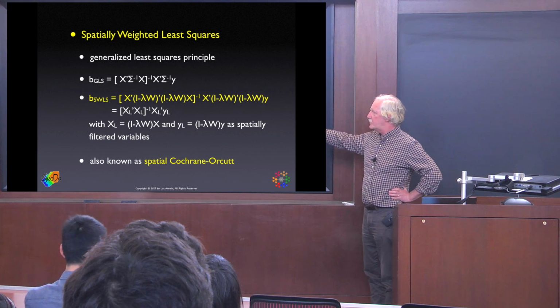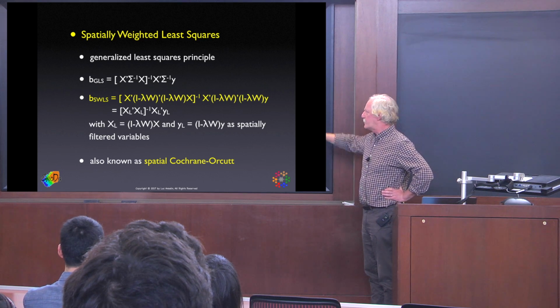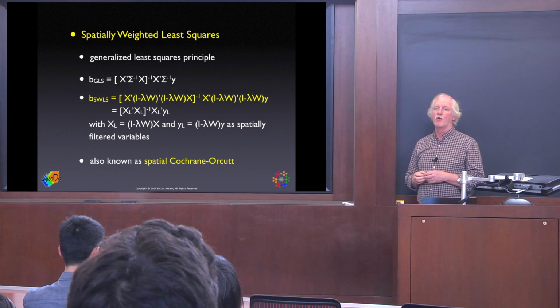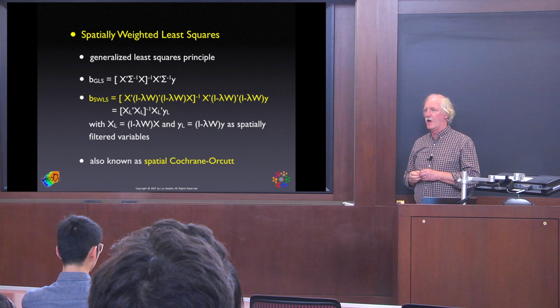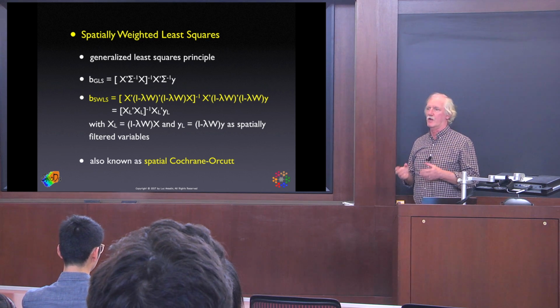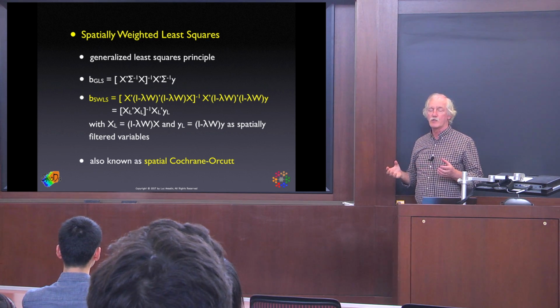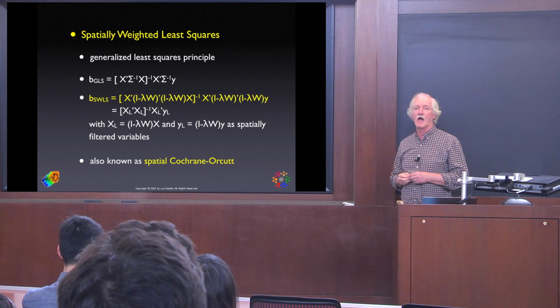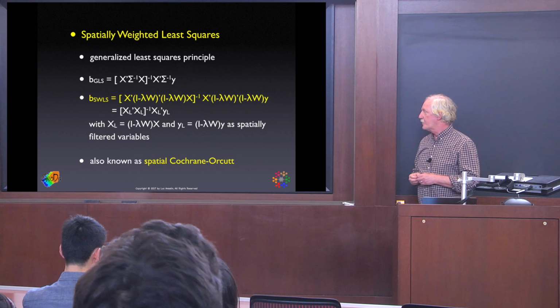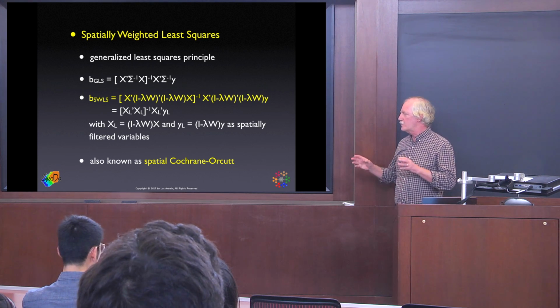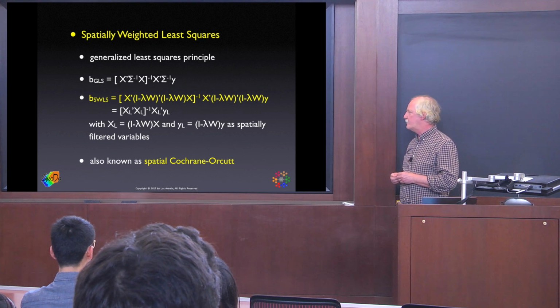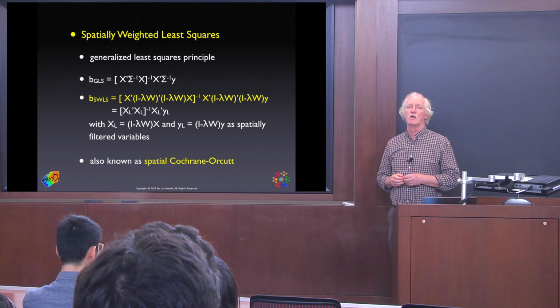So if we make a spatial filter for x and we make a spatial filter for y, then spatially weighted least squares is nothing but ordinary least squares applied to these spatially filtered variables. Of course, the key point here is we need to have an estimate for lambda, and how do we get that, right? In parallel, somewhat parallel with time series approach, this is called a spatial Cochrane-Orcutt method.